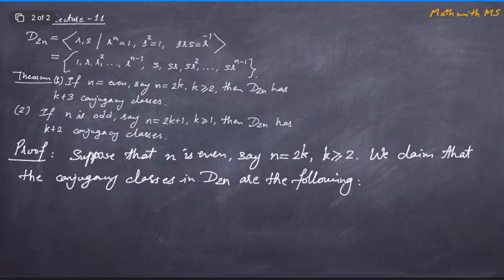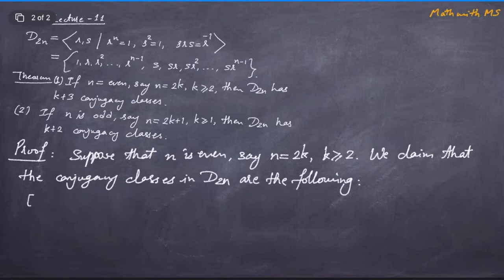Notice here that since n is even, the center of the dihedral group D2n is non-trivial, and in fact it is a cyclic group of order 2 consisting of the elements 1 and r to the power k. So therefore central elements will be conjugate only to themselves.